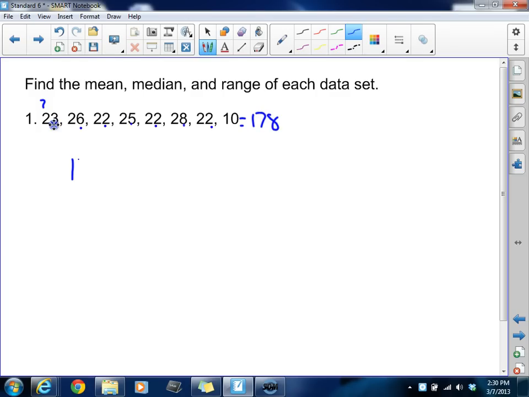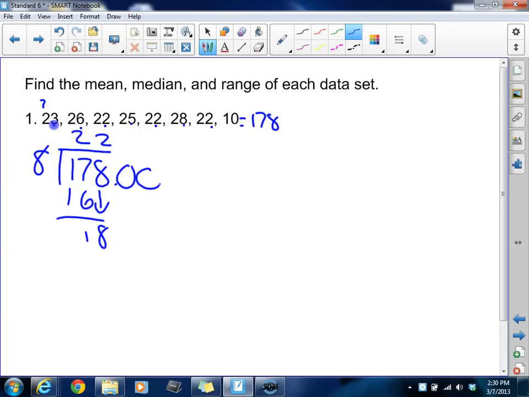So 178, and I'm going to divide it by my number of terms, which is 1, 2, 3, 4, 5, 6, 7, 8. I'm going to divide by 8. 8 times 2 is 16, so 8 goes into 17 2 times. Now I'm actually going to add some zeros just to make it a little better for myself.